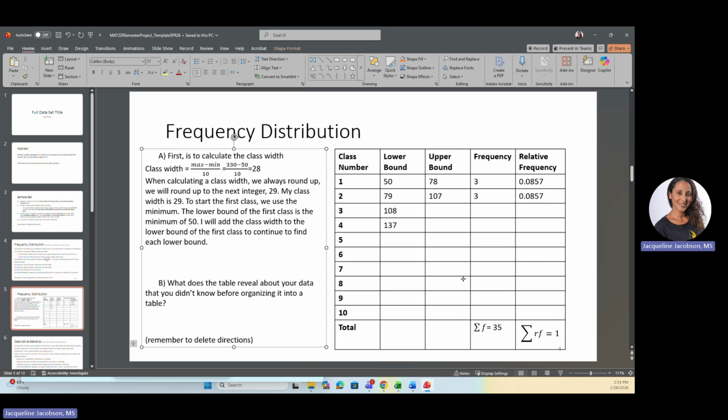And then looking at the table, what does the table reveal about your data that you didn't know before organizing it into a table? Some of you may find, this is one example, that the frequencies are really high at the lower values, and they decrease to maybe even 0 at the end, or a very low value.